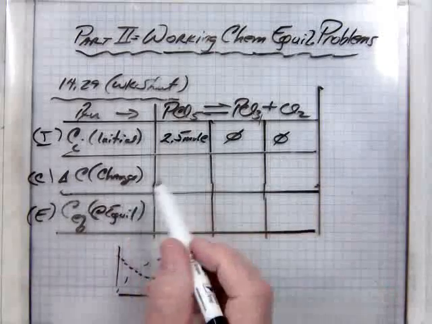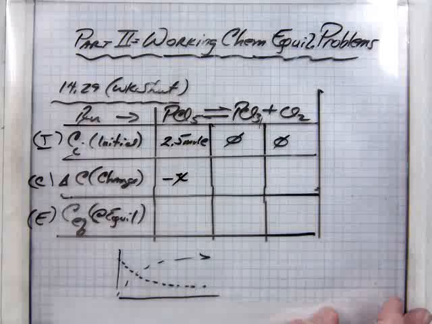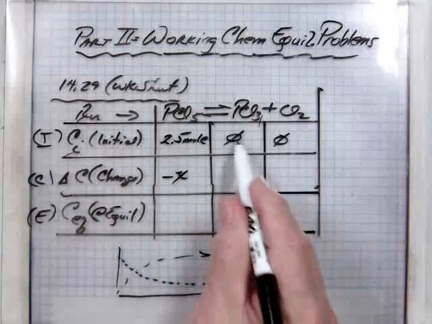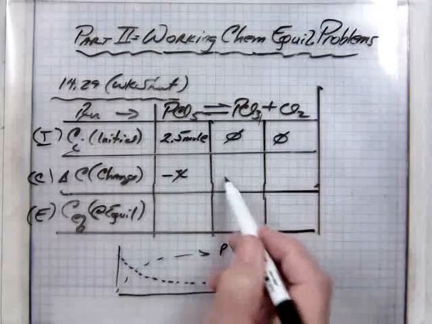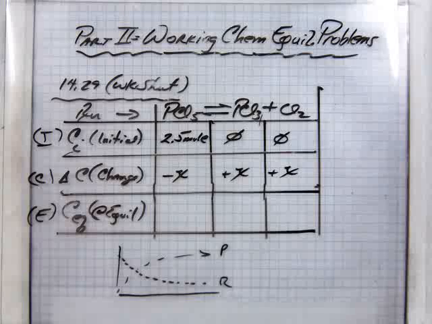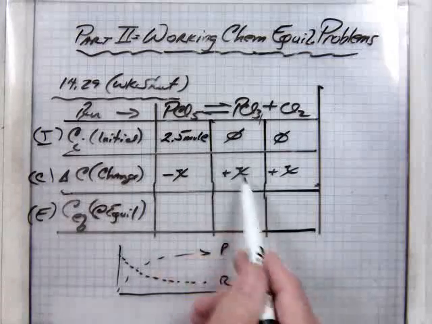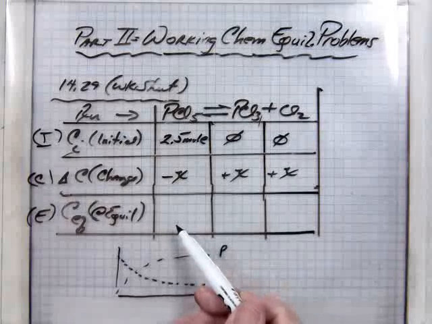This one would go down by some molar amount X, but the products would go up by whatever the coefficients are on those products, and the algebraic sum of the initial and the change gives you the equilibrium concentration.